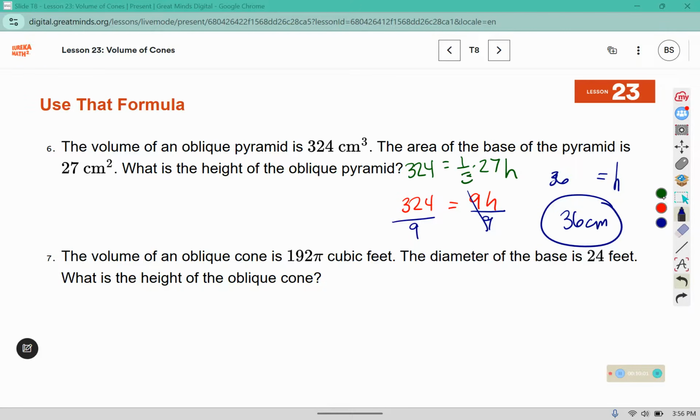The volume of an oblique cone is 192 pi cubic feet. For a cone, we use 1/3 the radius squared times pi times the height. It says here that the volume is 192 pi. It also says the diameter is 24. So if the diameter is 24, the radius must be 12. And we need to find the height. Well, 12 squared is 144.